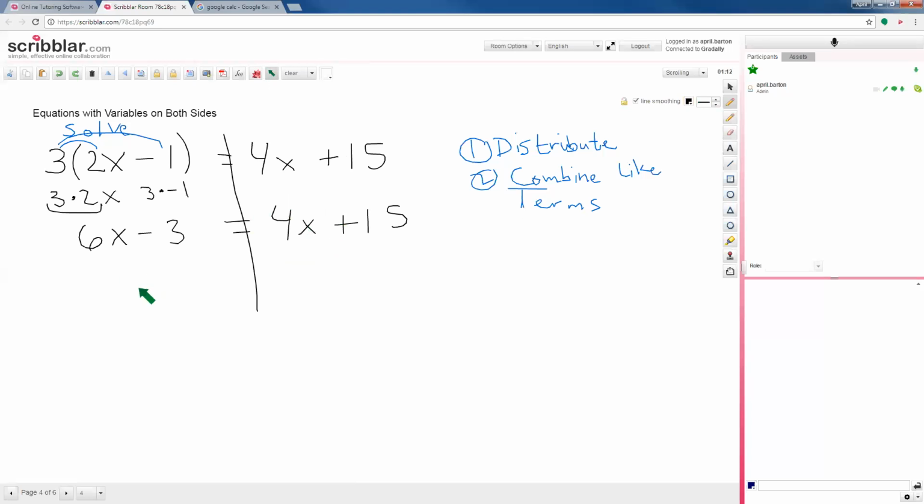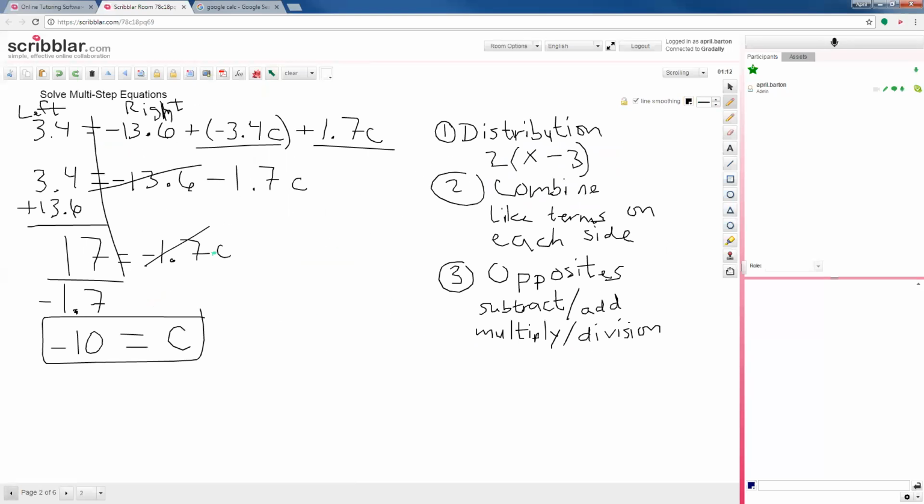So on the problems we've seen before, I'm going to go back to this page. When we were solving this and we had a number next to a letter, I said, well, this was multiply. We need to do the opposite of divide. But that only moved the negative 1.7. The C was still there. We left it.